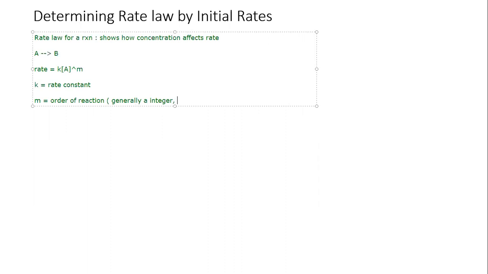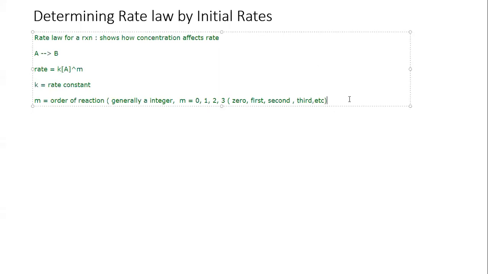So for example, m could be, the most common ones are 0, 1, 2, 3. And we refer to these as zero order, first order, second order, third order, etc. So it just keeps on going. But these are the most common ones.